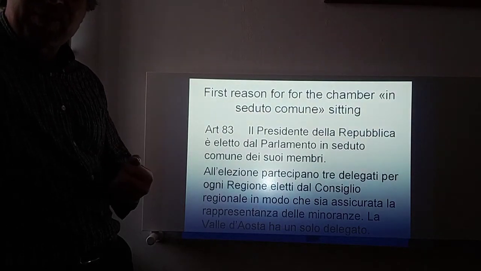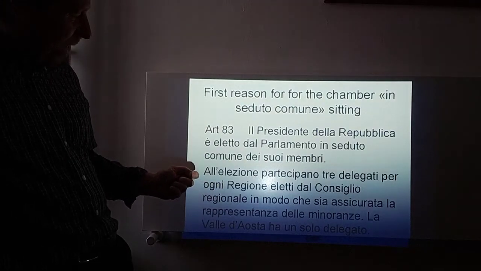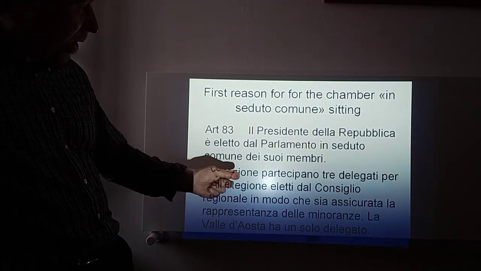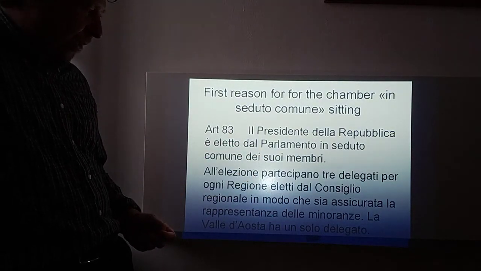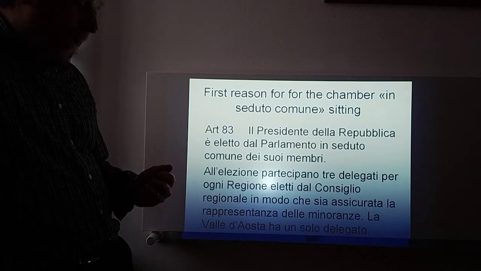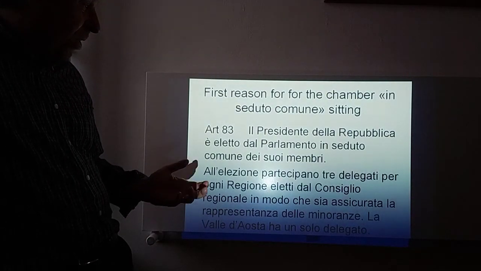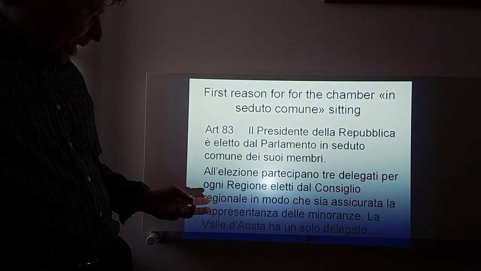So we really need unity. So it's not just the Parliament in seduta comune, but also 3 delegates for each region, so that they can also represent the minority.